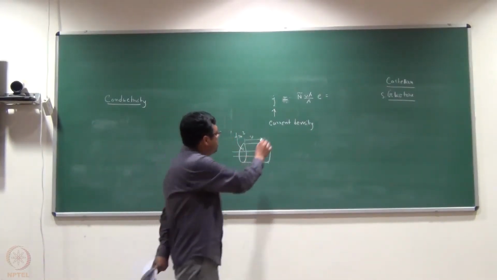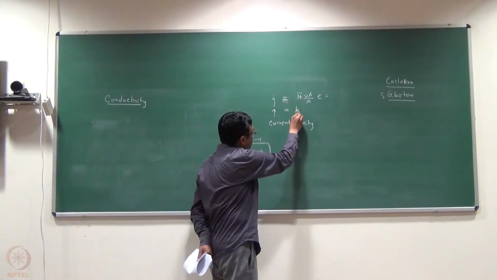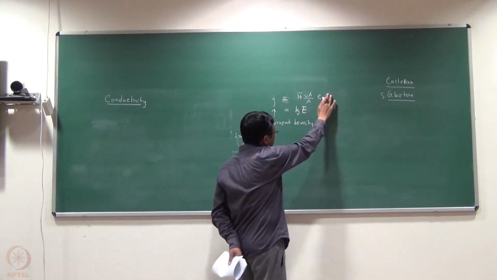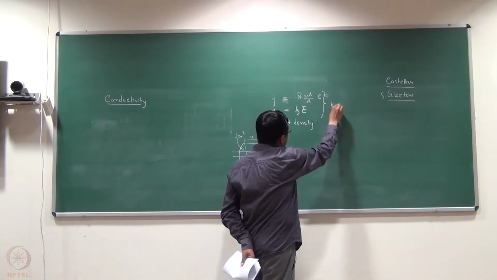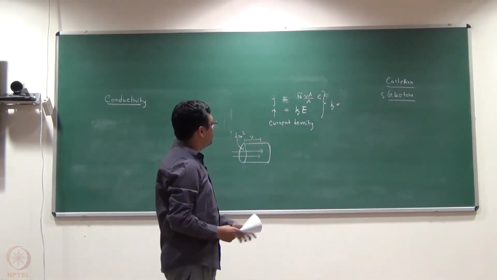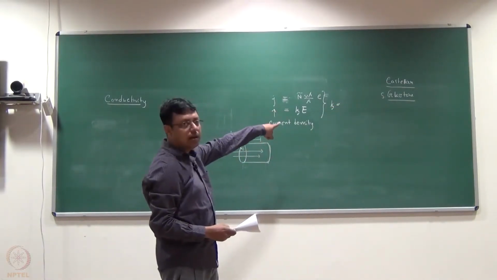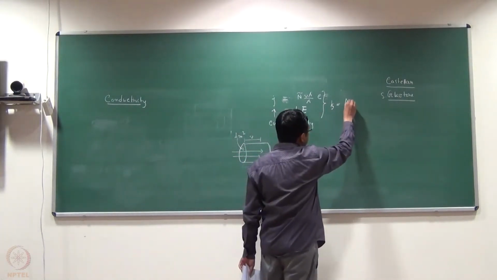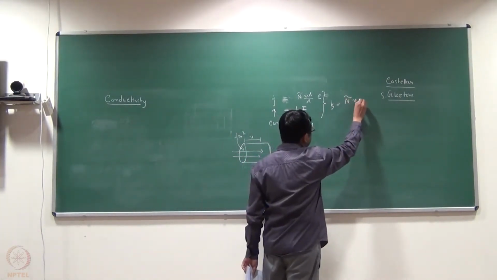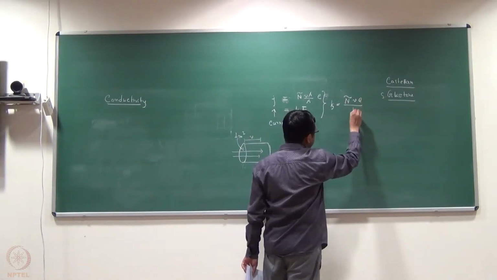We also wrote that current density is nothing but kappa times E. We can equate these two, and then we get an expression for kappa. So kappa is basically N v e divided by capital E. N is the density of electrons, v is the speed, e is the electric charge, divided by E.